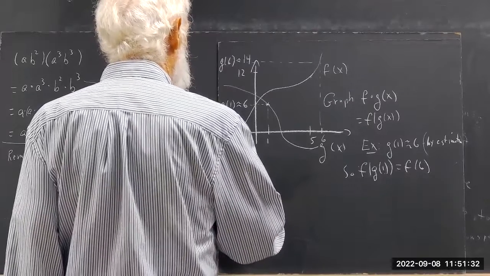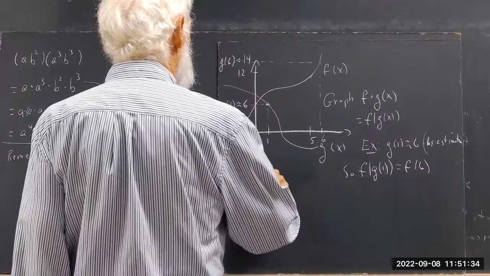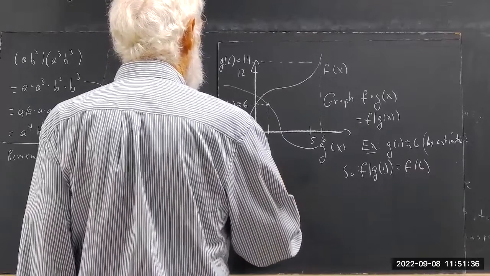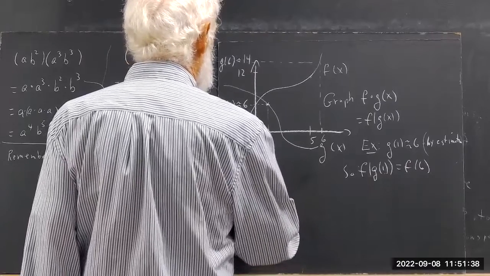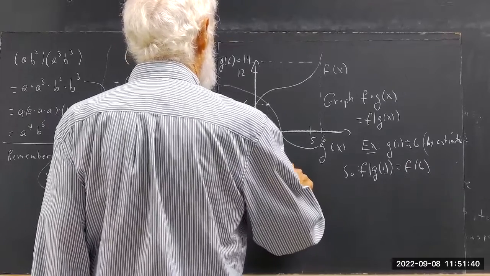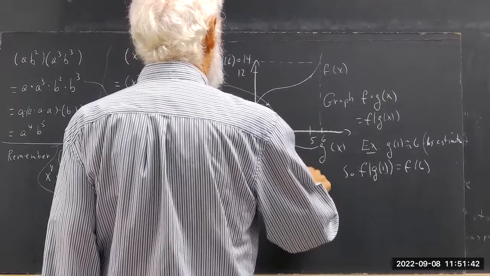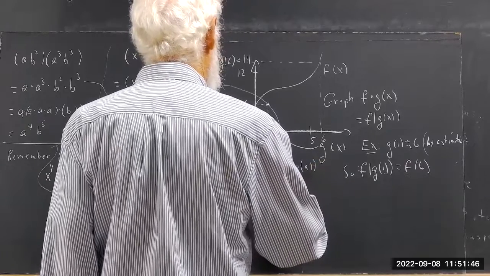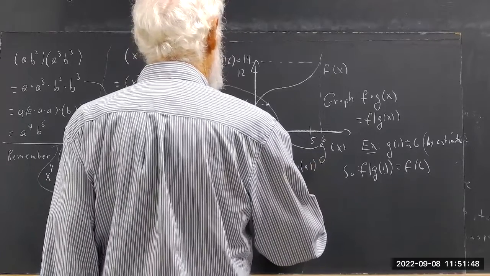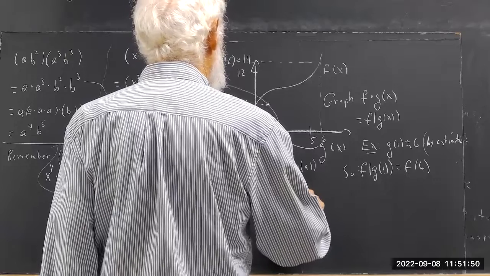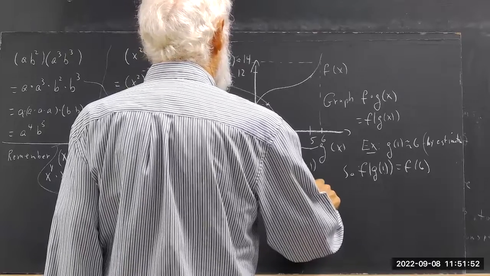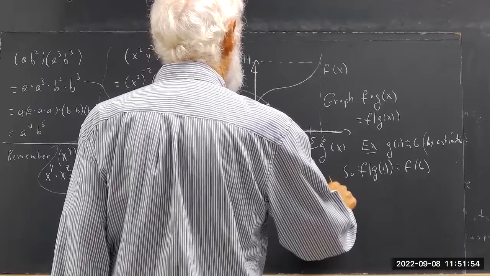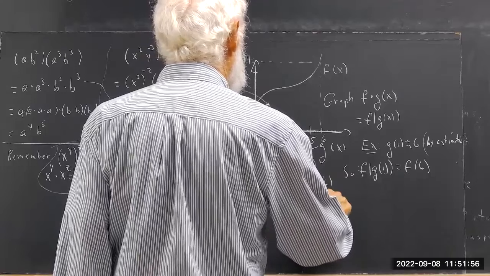If x is 1, or if x is 6, f of g of 1 equals f of 6, which is approximately 14.